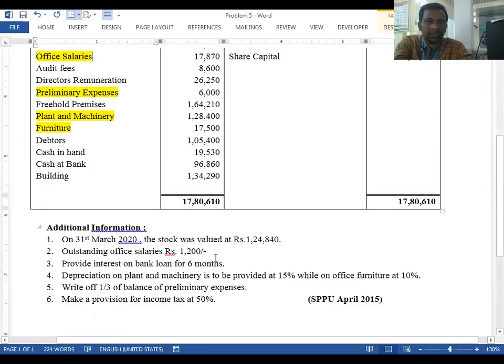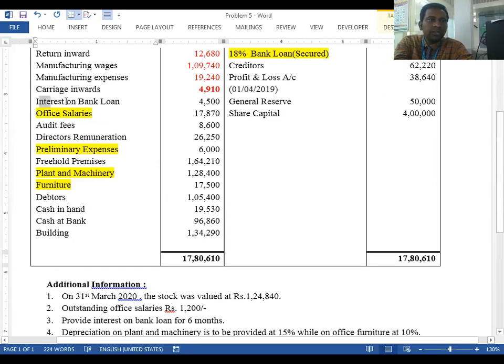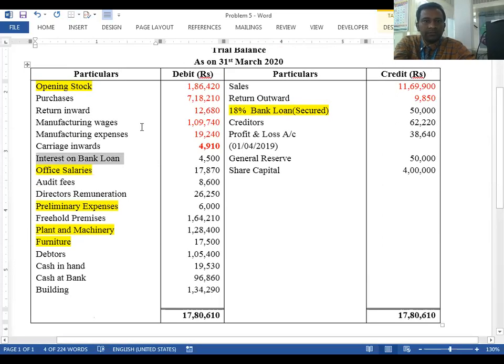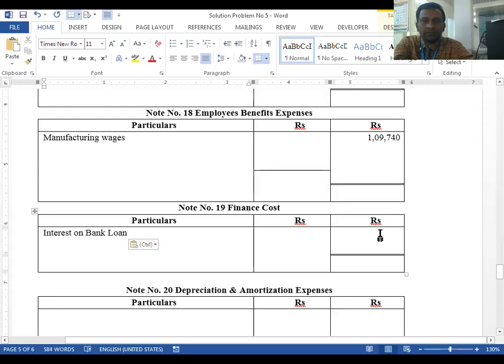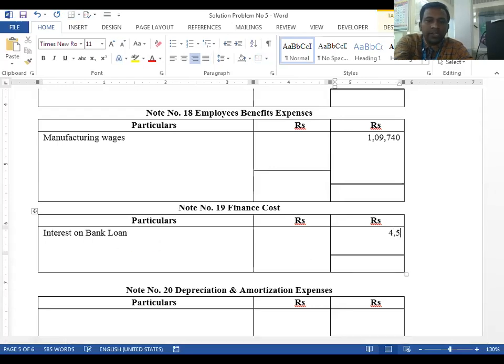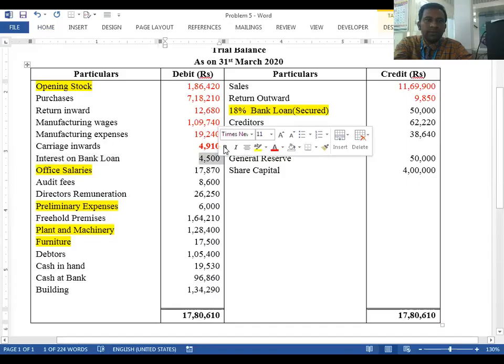Is there any adjustment regarding this? No. Interest on bank loan 4,500. It is the finance cost. It is one type of expense because bank loan interest is paid to the bank. So it is the finance cost of the company, 4,500.